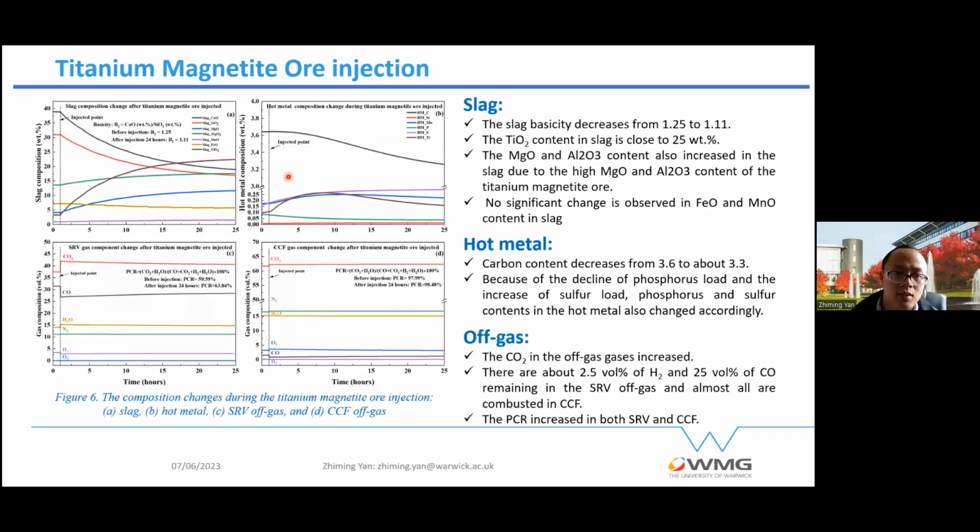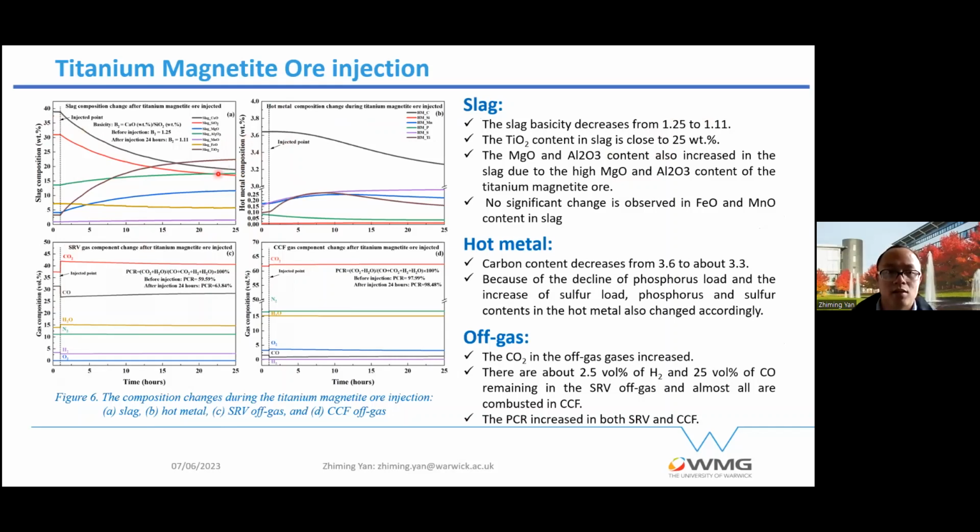So this is the component in the slag, or the element in the hot metal, changing with the injection time. This point is the injection point. When the injection happens, the basicity decreased from 1.2 to 1.1, and the titanium content in the slag is close to 25%.